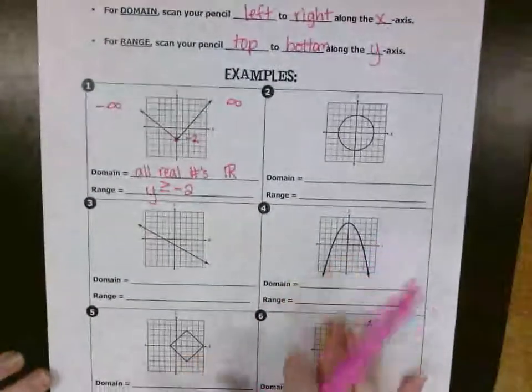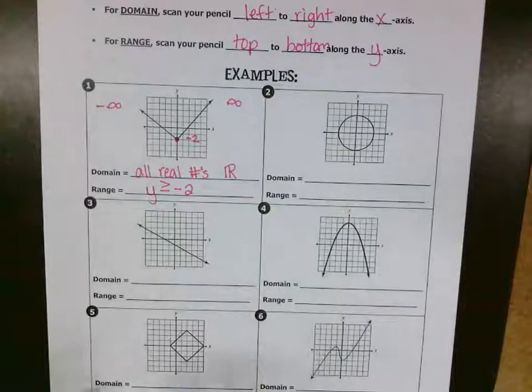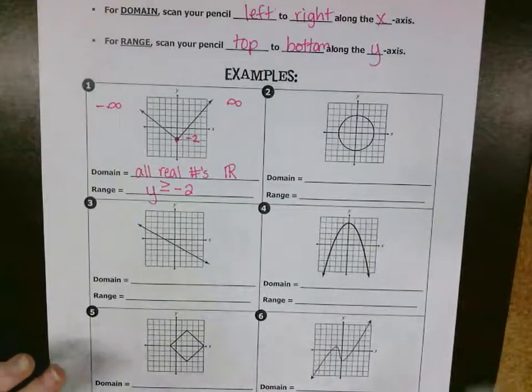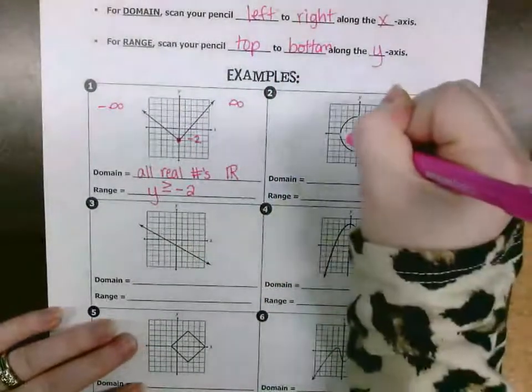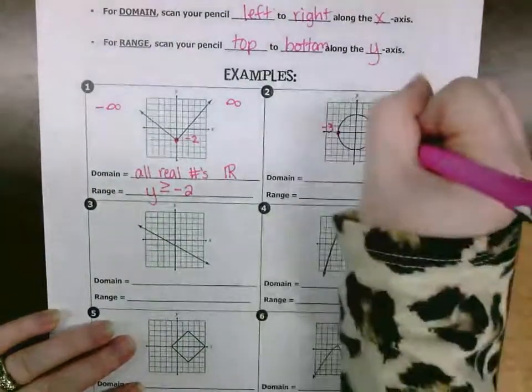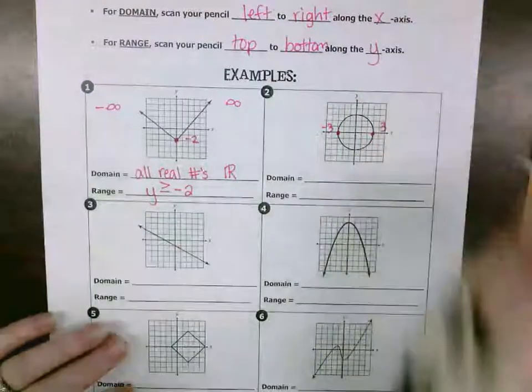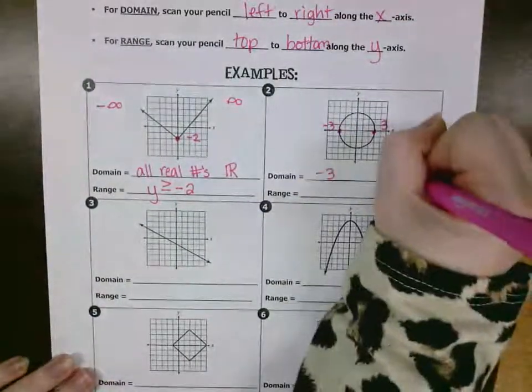So let's look at number 2. Number 2 is the circle. So there's no arrows. That means it doesn't go on forever and for infinity. What you notice is when you go left to right, it starts right here at negative 3, and then it stops at 3. So that means it goes from negative 3 to 3.